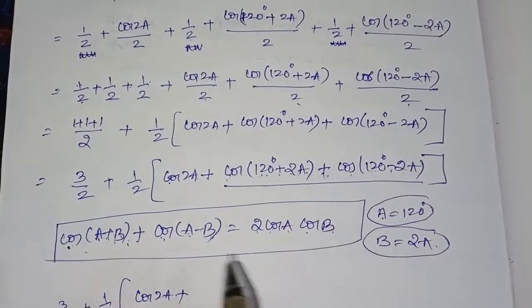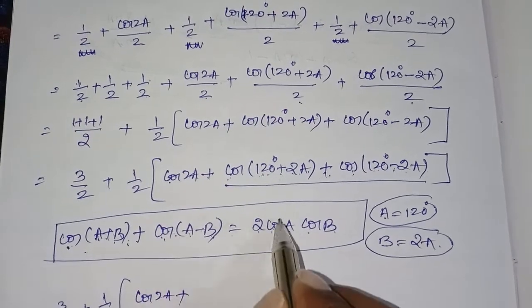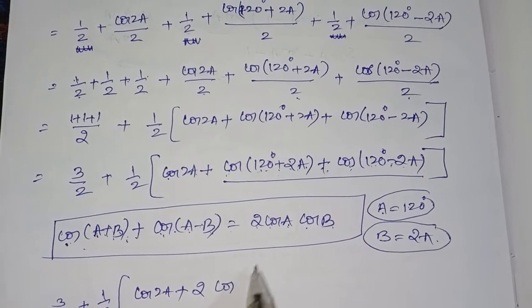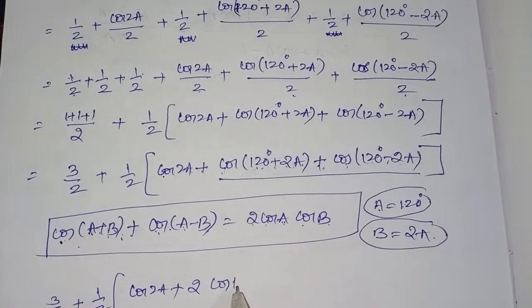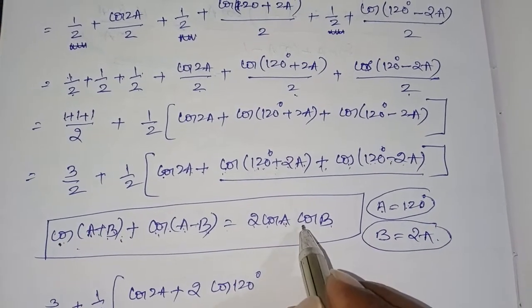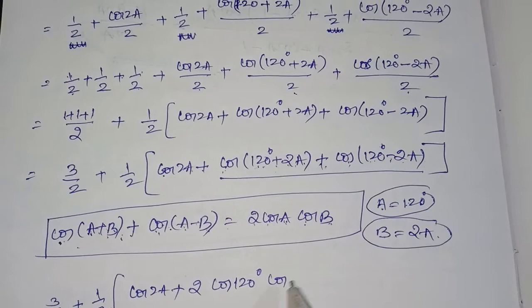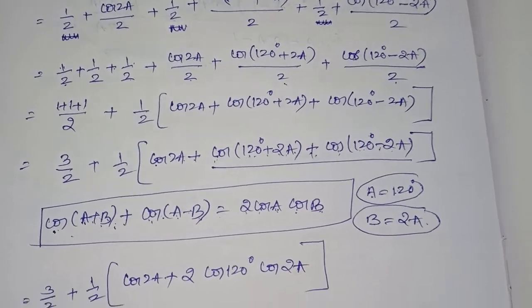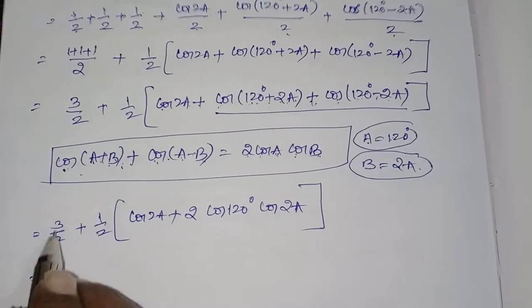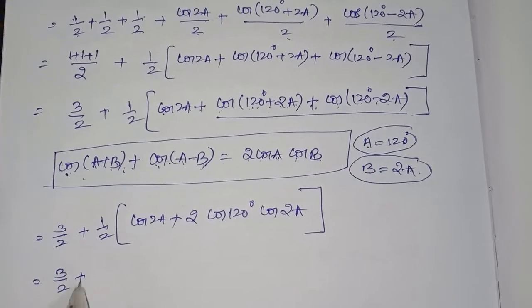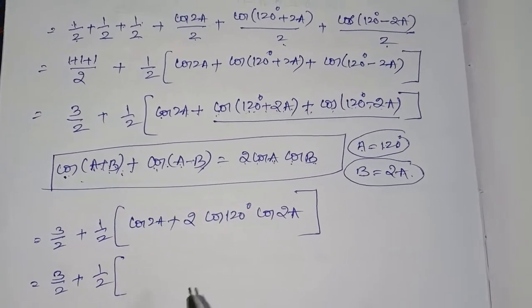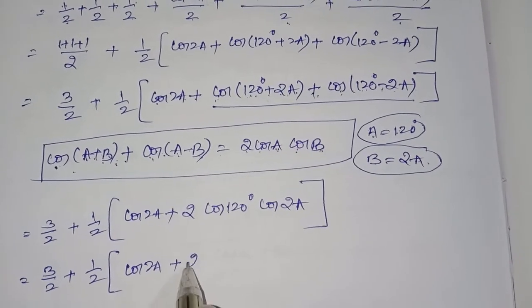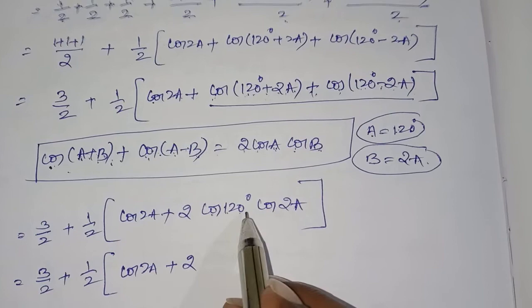This is the formula, so if we apply this formula here, it will be 2 into cos A, cos 120 degrees, into cos B, B value is 2a. That is equal to, this is as it is, 3/2 plus 1/2 into cos 2a plus 2 into cos 120 degrees.